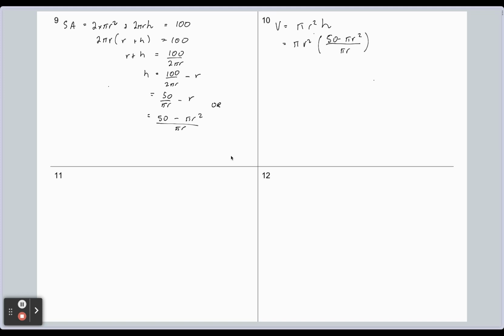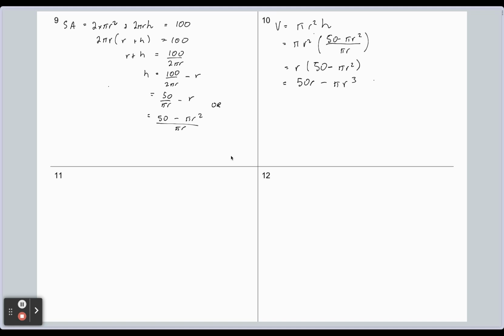Now we can see the r will cancel out one of the r's here, and the pi's will cancel out. And so we end up with r outside of 50 minus pi r squared. And then if I expand that, I'm going to get 50r minus pi r cubed. So there we go. We now have an expression for volume which is entirely in terms of r. No h's to be seen.